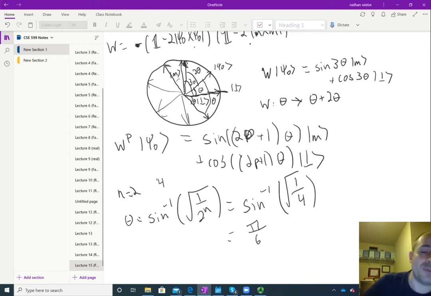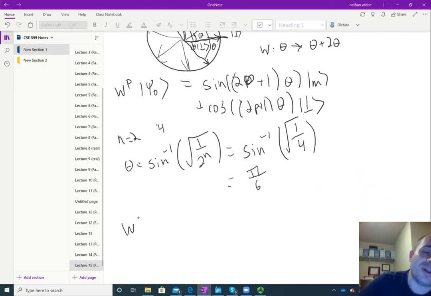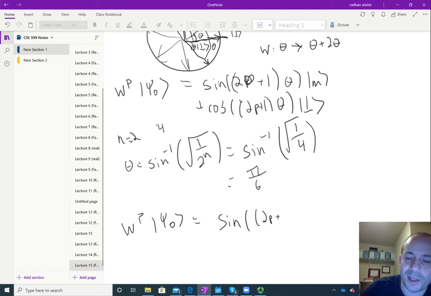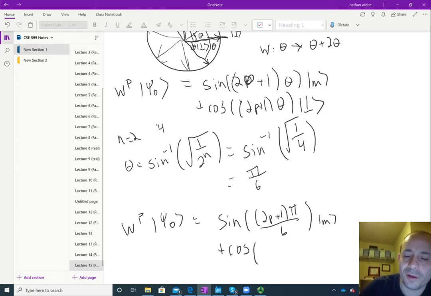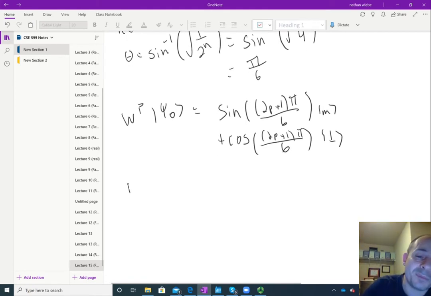So, therefore, W to the P acting on psi naught in this case is going to be equal to sine of (2p plus 1) pi by 6 m plus cosine (2p plus 1) pi over 6 perpendicular. Now, let's take P equals 1.